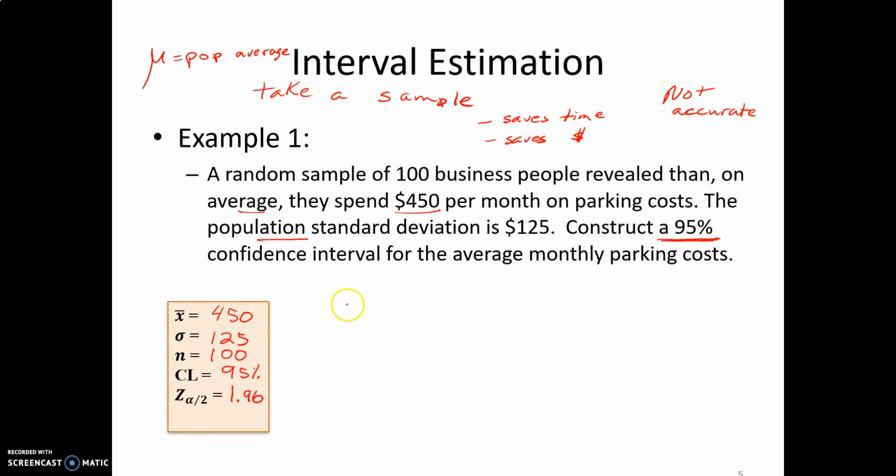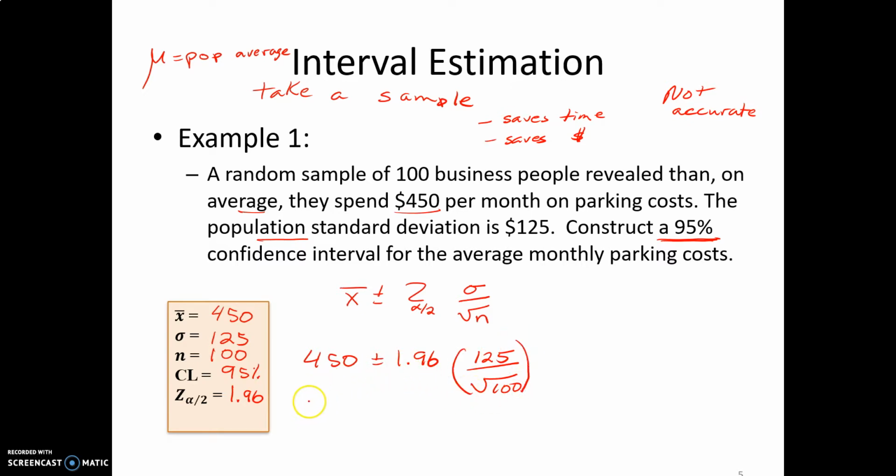So our confidence interval formula is going to be the sample mean plus or minus this key Z value times the standard deviation of the population divided by the square root of the sample size. So 450 plus or minus 1.96 times 125 divided by the square root of 100. Put that in brackets because we're going to multiply that.